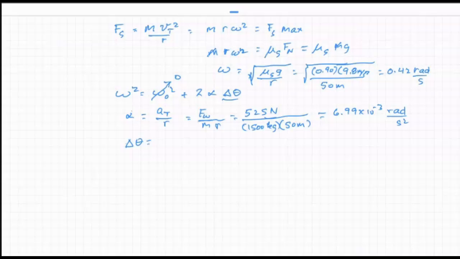Now, delta theta is equal to omega squared over 2 times alpha, which is equal to our result for omega, which is 0.42 radians per second, squared, in the numerator, divided by 2 times alpha, which we just found to be 6.99 times 10 to the minus 3 radians per second squared.